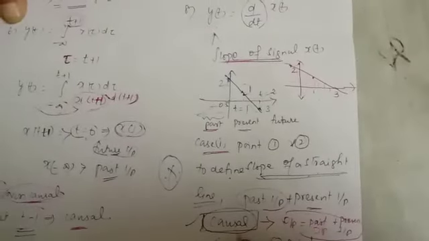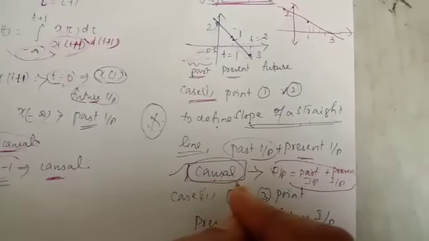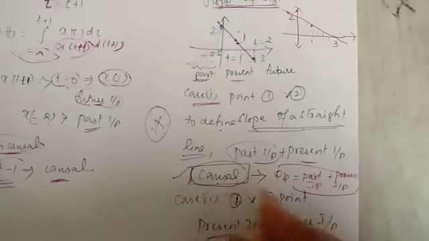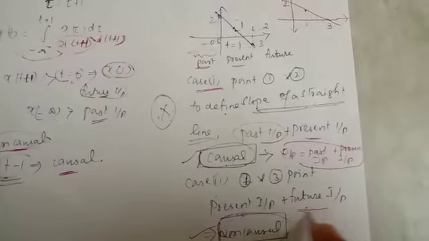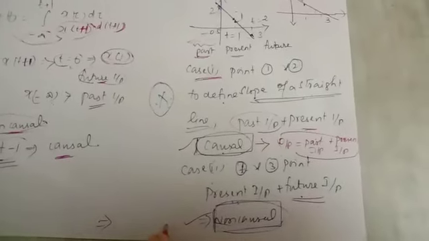All practical, physical signal generators, all realistic real life examples are causal. Non-causal systems cannot be physically realizable because they depend on the future input. So the conclusion is the causal system is always preferable.